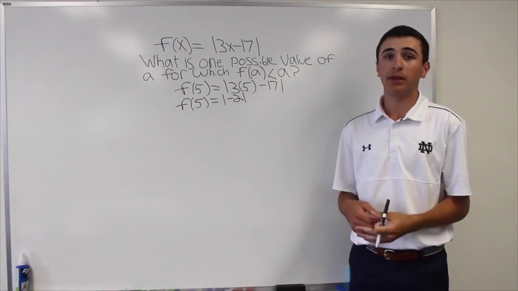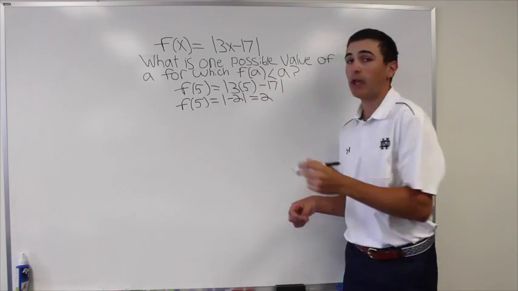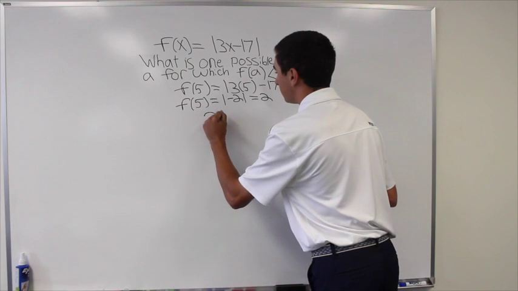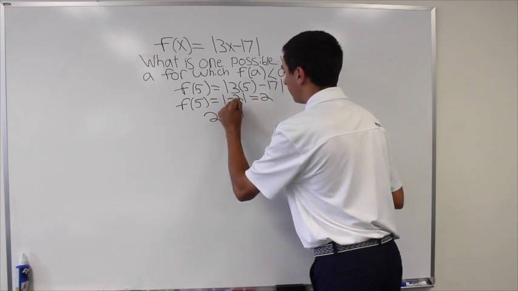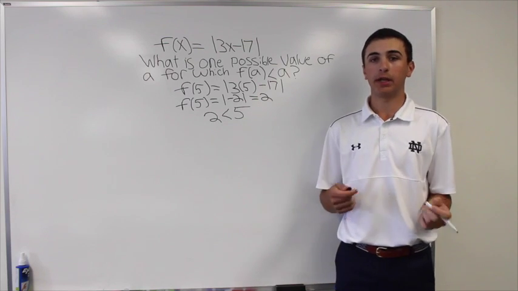The absolute value of negative 2 is 2, and 2 is indeed less than 5. So immediately, we've found our solution just by plugging a number in.